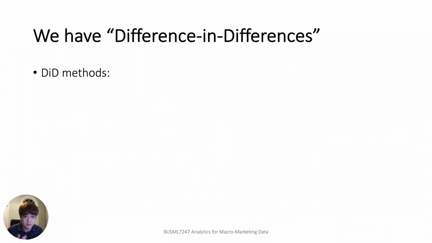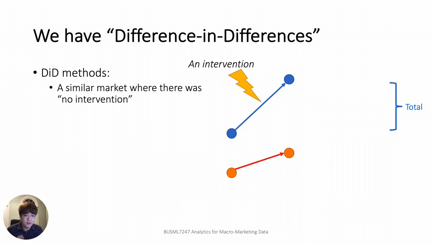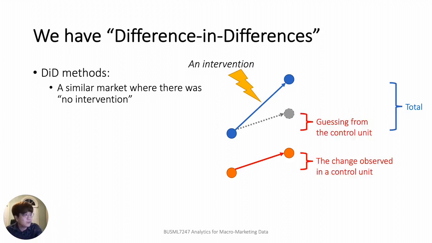For the estimation of the controlled outcome, we already have a useful method, difference in differences. Suppose that we observed an increase in the outcome of a unit with an intervention. To measure the effect of the intervention on the outcome of this treated unit, the DID method uses a control unit which is very similar to the treated unit but not affected by the intervention.